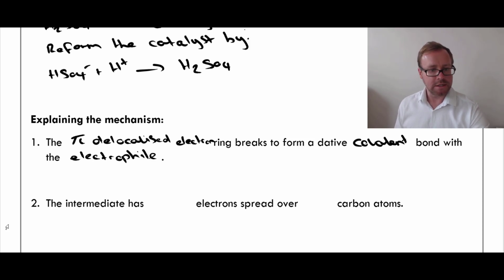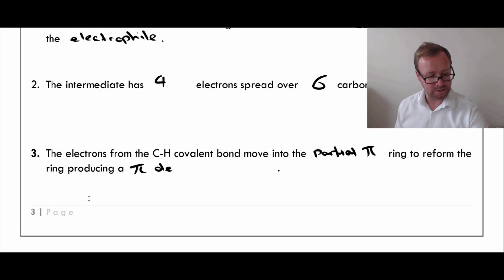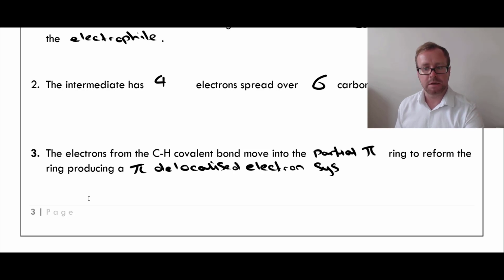The intermediate has 4 electrons spread over 6 carbon atoms. The electrons from the CH covalent bond move into the partial pi ring to reform the ring, producing a pi delocalized electron system. Okay, we're just going to look at our mechanism and explain these 2 points.